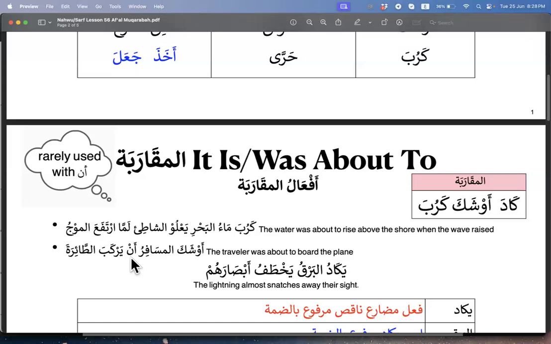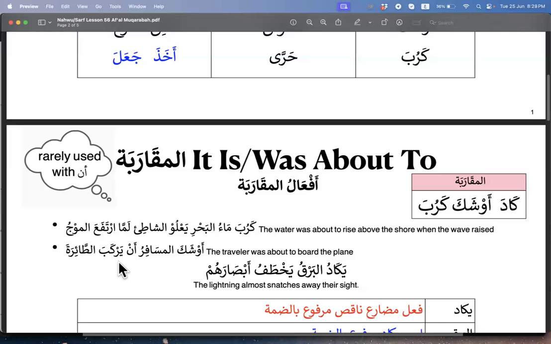What does it do? It is masdar mu'awwal. Correct. An is masdariyah, and also nasibah, it makes the fi'il after it mansub. Whatever comes after it is going to be masdar mu'awwal, and then you say it's the khabar of awshaka, so fi mahalli.